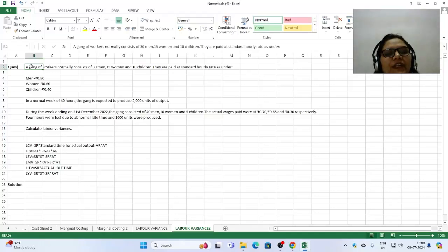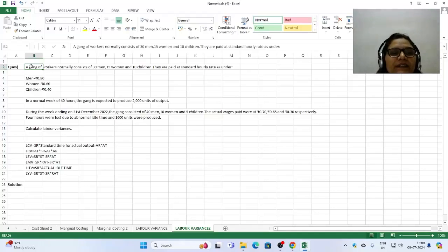In a normal week of 40 hours, the gang is expected to produce 2000 units of output. During the week ending on 31st December 2022, the gang consisted of 40 men, 10 women, and 5 children. The actual wages paid were rupees 0.70, 0.60, and 0.30. 4 hours were lost due to abnormal idle time and 1600 units were produced.